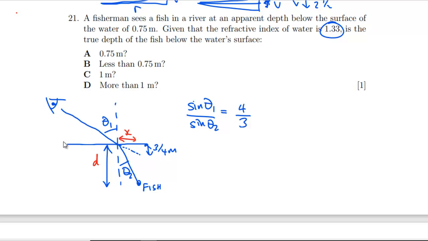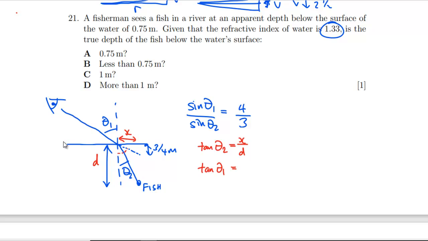So we can say something else about θ1 and θ2. Let's do tan θ2 first because that's easier. Tan θ2 is opposite over adjacent, so that's x over d. Tan of θ1, so θ1 is that angle there.